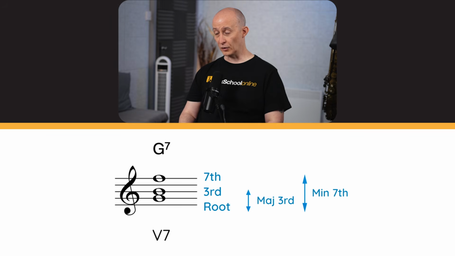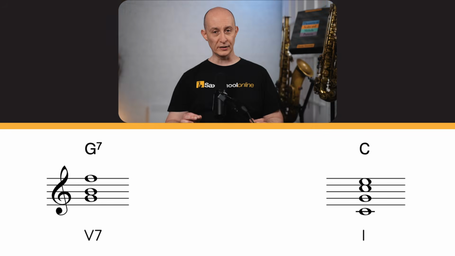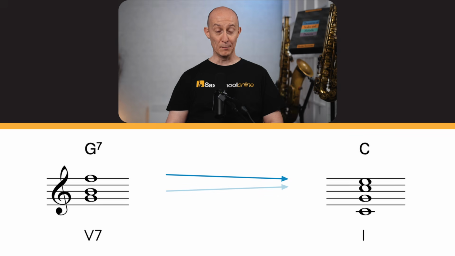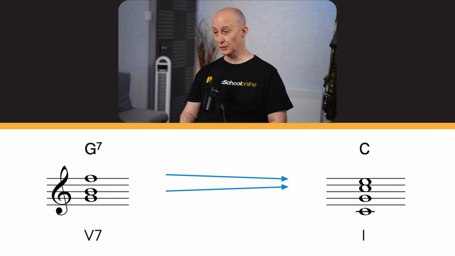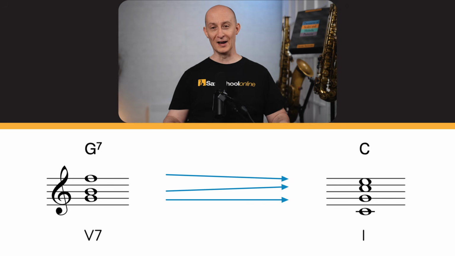Also, from a harmonic point of view, let's see what these notes do as they cadence to the C major chord, the 1 chord. We've actually got all 3 types of movement. The F moves down to the E chromatically, the B moves up to the C chromatically, both really strong contrary movements, and also we have 0 movement, the G remains as a G. So we've got all 3 types of cadence movement in music: something going up, something coming down, and something staying constant.